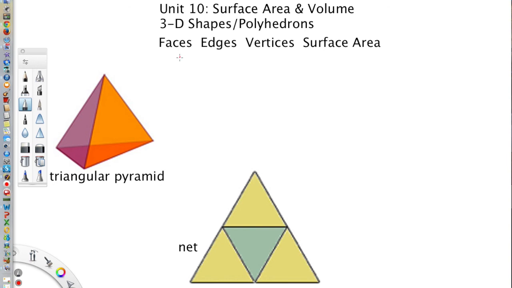Last and least, at least as far as surface area for this 3D shape, this polyhedron, we already stated that this triangular pyramid, as well as all triangular pyramids, will have 4 faces, 6 edges, and 4 vertices. Once again, the number of faces and vertices for all pyramids will always be the same. Whether we have a square pyramid or a triangular pyramid or even an octagonal pyramid, the number of faces will be equal to the number of vertices.